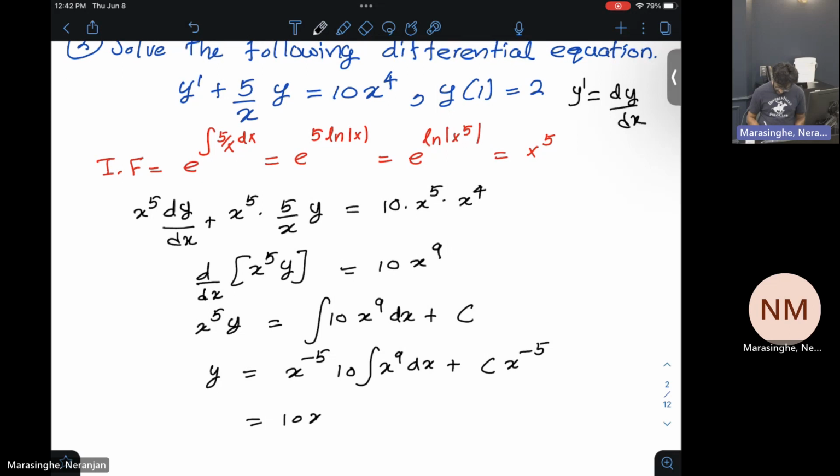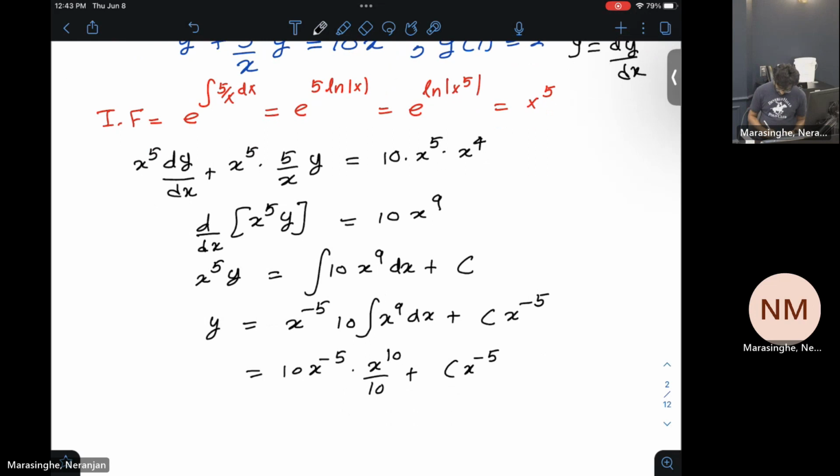That is 10 times x to the power minus 5 times x to the power 10 divided by 10 plus c times x to the power negative 5. You can see that 10 would be cancelled and we get y as x to the power 5 plus c times x to the power minus 5.